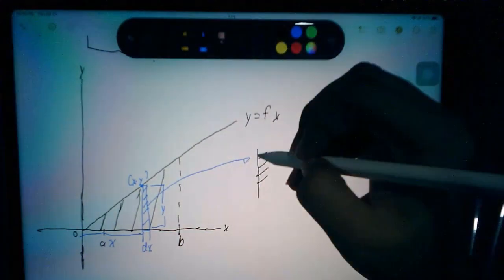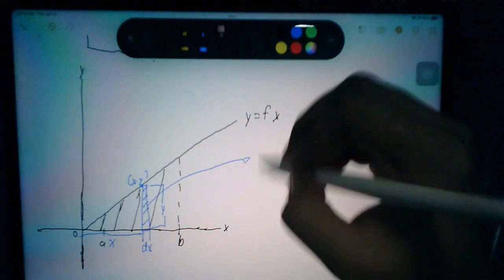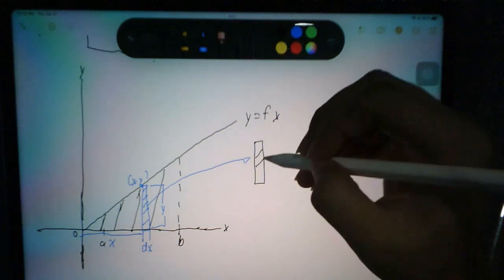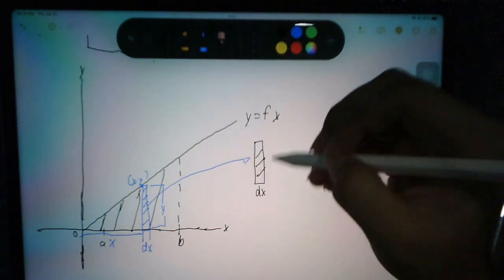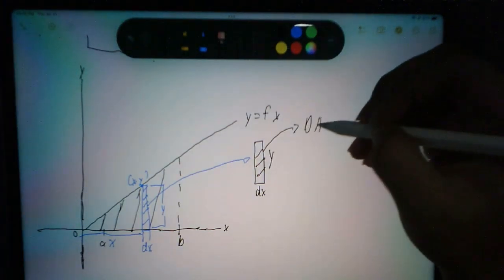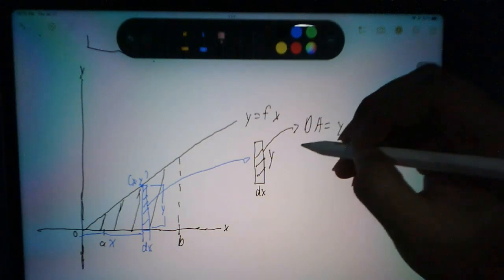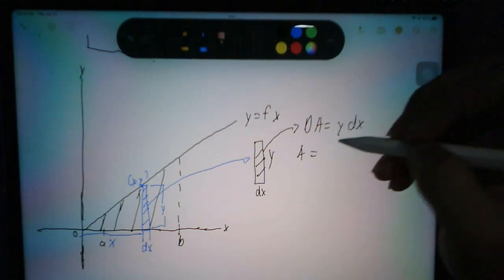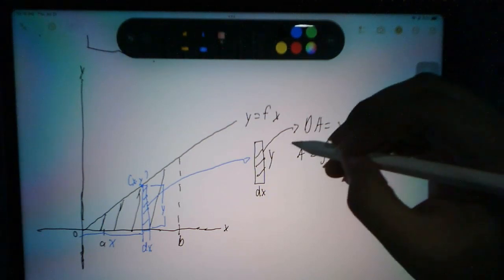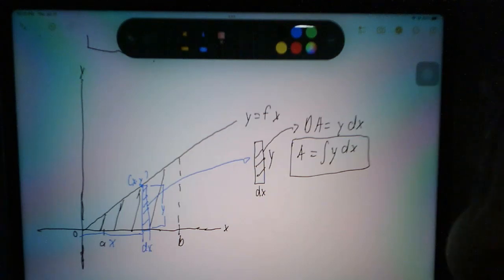This is y, this is our vertical strip, and this is dx and y. So this differential area is just equal to y dx, and the integral of area is just the integral of y dx. So this is our formula for area under the curve.